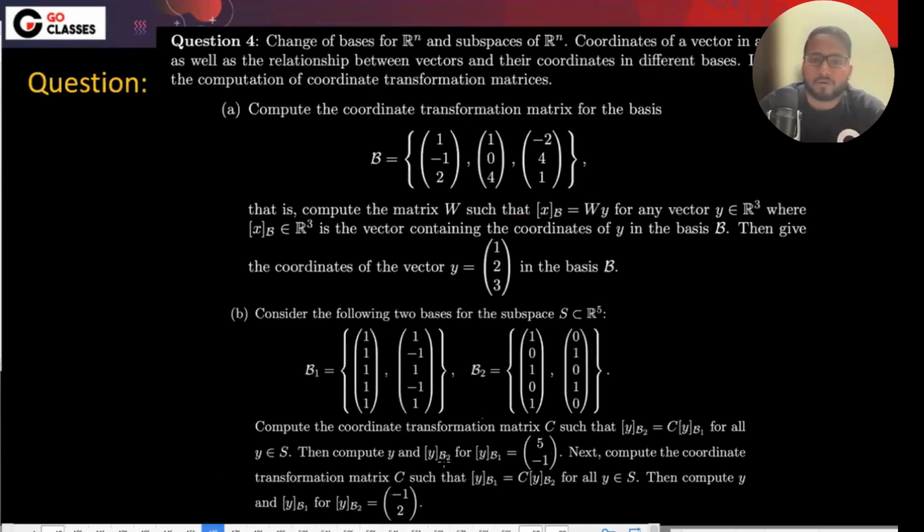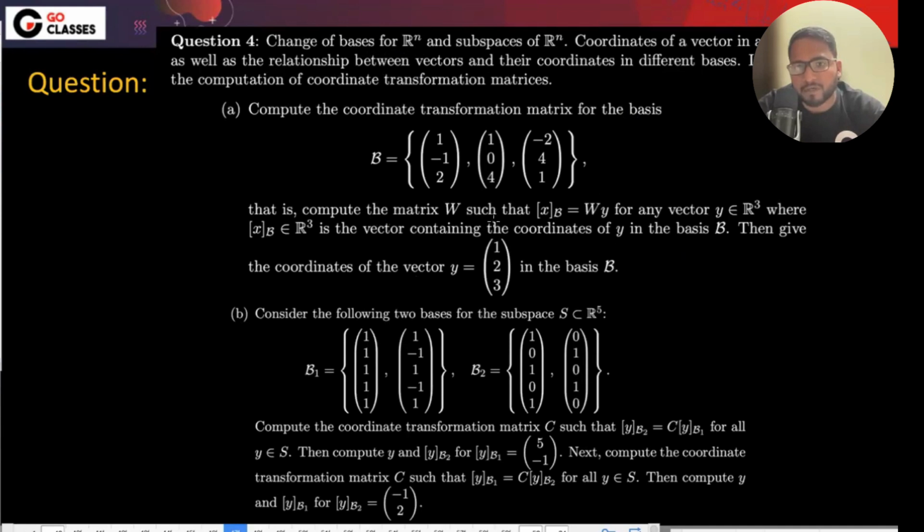Now let's see this question. It is a little lengthy, but let's read it out. They're saying, change of bases for Rn and subspace of Rn, coordinates of a vector in a given basis as well as the relationship. Compute the coordinate transformation matrix for this basis.